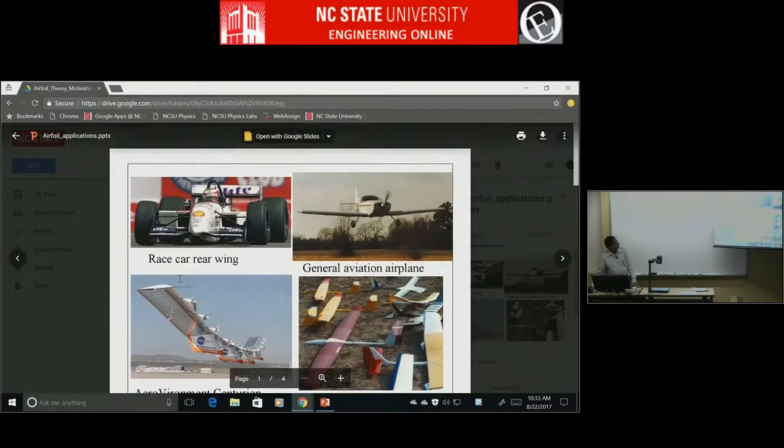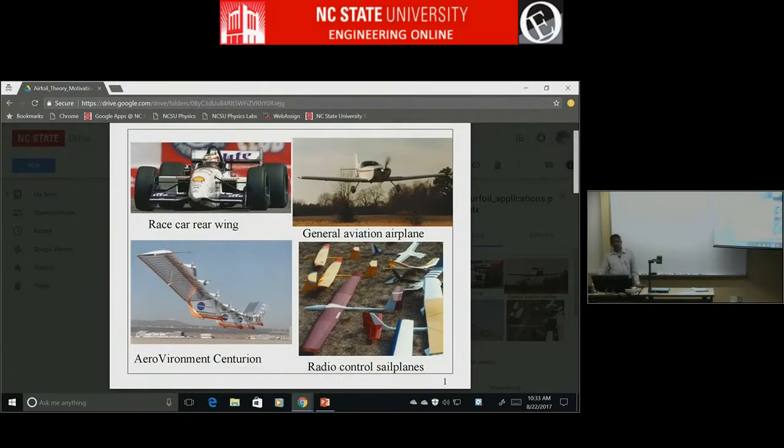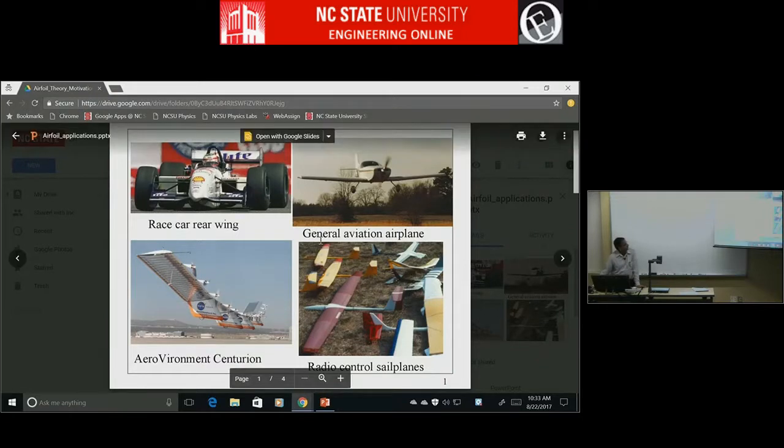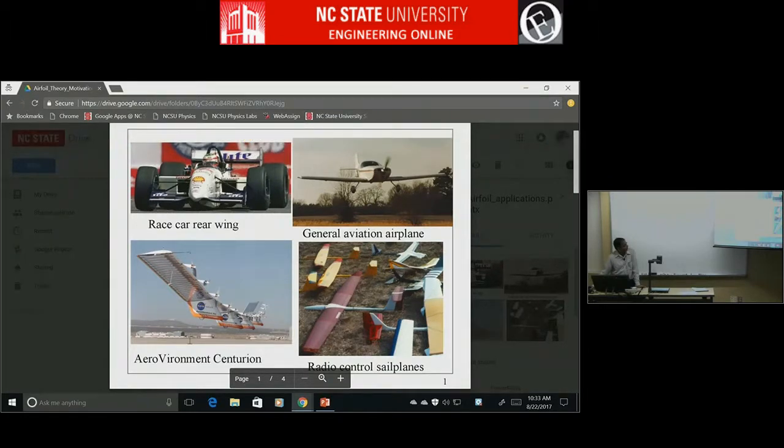I'm going to show 3 applications, basically stuff I've talked about, right? Race car rear wing, a general aviation airplane, radio control sailplanes, and the AeroVironment Centurion.